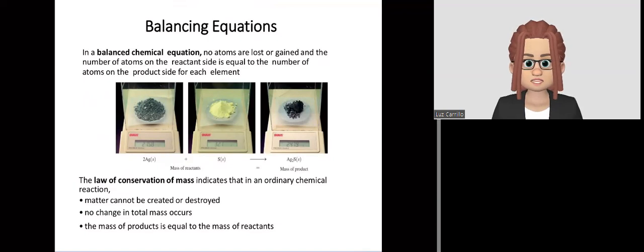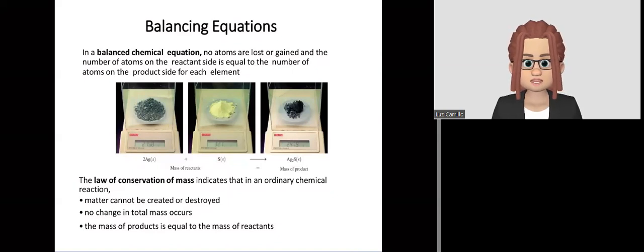So when we have a reaction, it doesn't matter if it's organic or inorganic, it is important that the reaction is balanced. Balance in a chemical reaction means that no atoms are lost or gained in the process of those reactants converted to products.